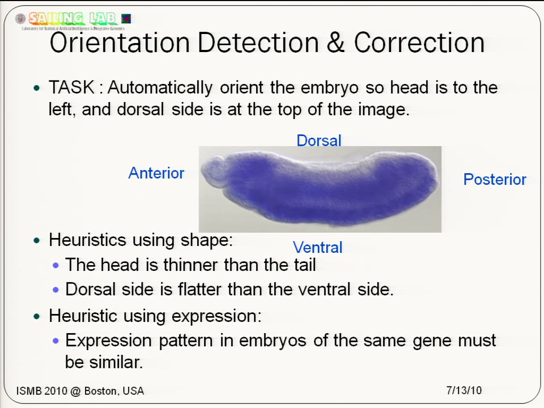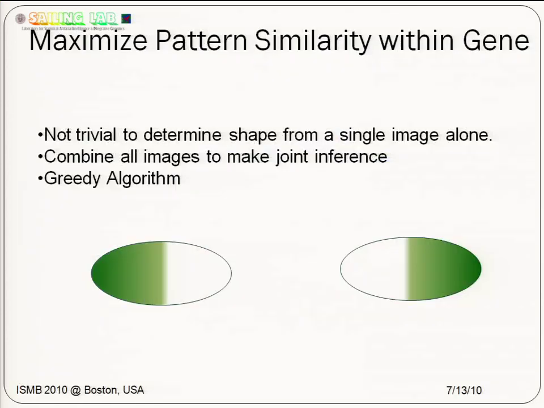There might be gene at the same time. Join. If you have two embryos, I have expressions embryo, but they belong to the same gene expression, then that tells you one of your embryos, and we have an inference algorithm that helps you determine to correct for its orientation. Thus, we get better orientation results.